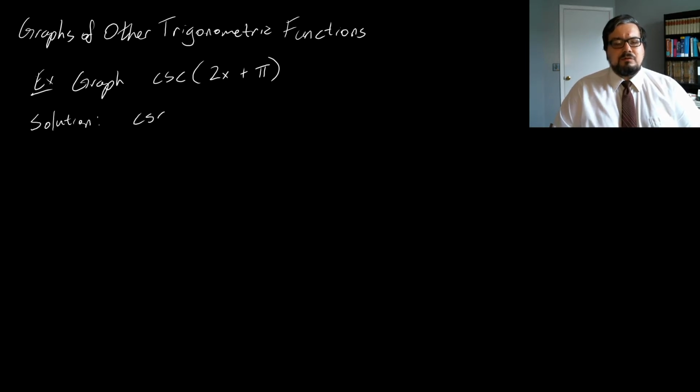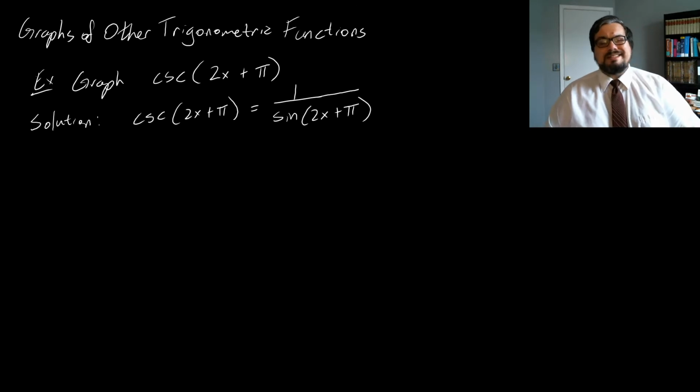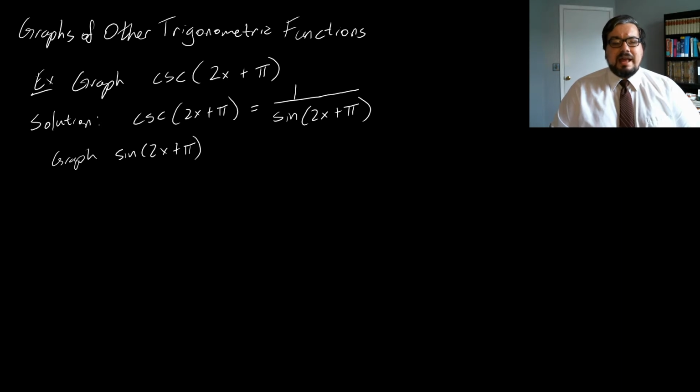We're going to write cosecant of 2x plus pi as the reciprocal of sine of 2x plus pi. So cosecant of 2x plus pi is 1 over sine of 2x plus pi. Now we can graph sine of 2x plus pi and use that to graph out what cosecant looks like.